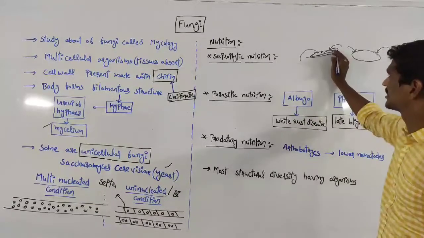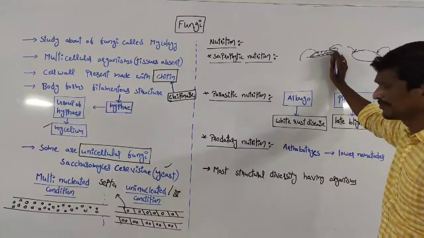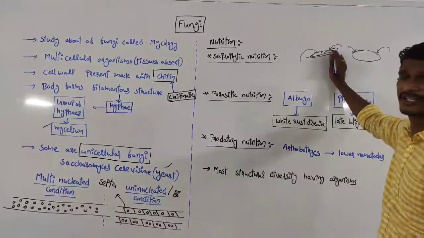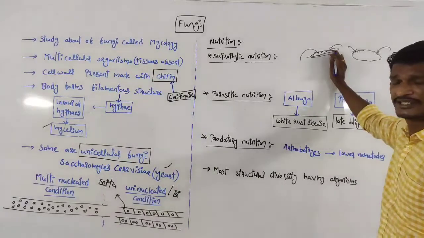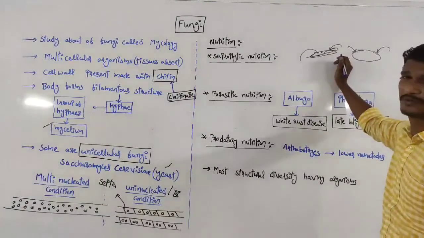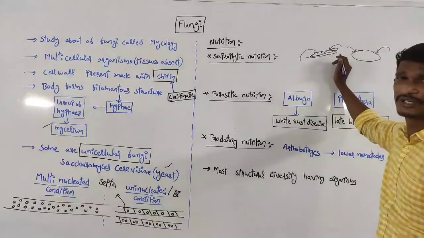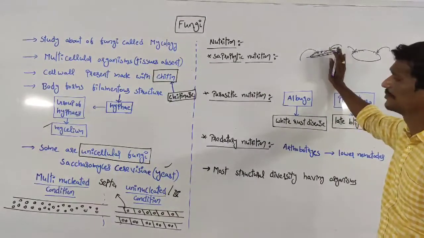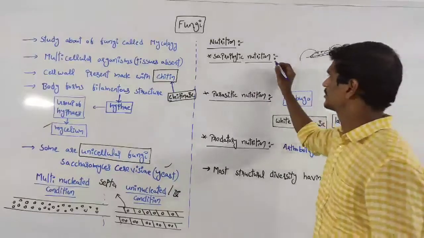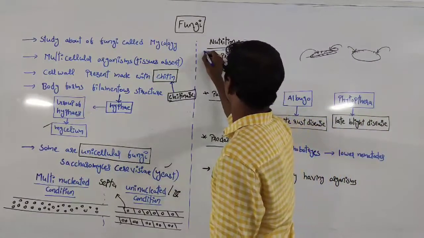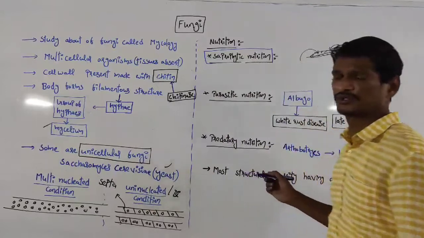Once the cells are destroyed, from the digested parts, nutrients are absorbed. Once the nutrients are absorbed, the fungi survive. This nutrition is called saprophytic nutrition.